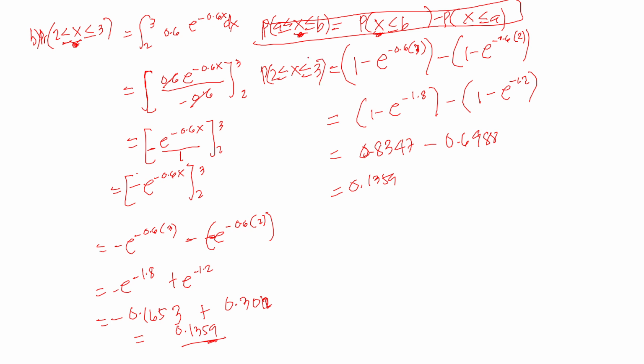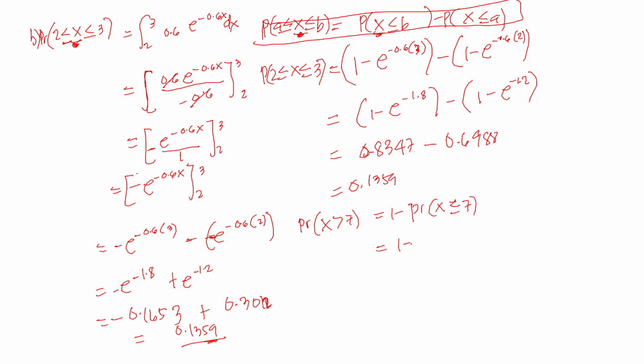Next, we have the last one, which is more than 7 minutes. For more than 7 minutes, P of x is greater than 7 is equal to 1 minus P of x is lesser than or equal to 7.